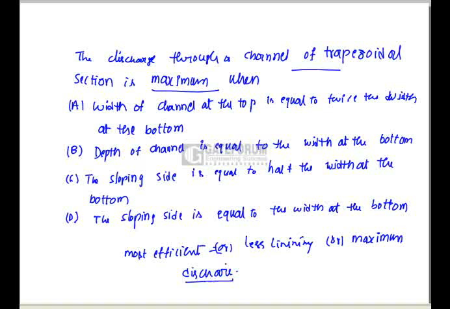These are all the same. In a trapezoidal section, the most efficient section is when the sloping side is equal to half the width at the bottom. So option C is correct.